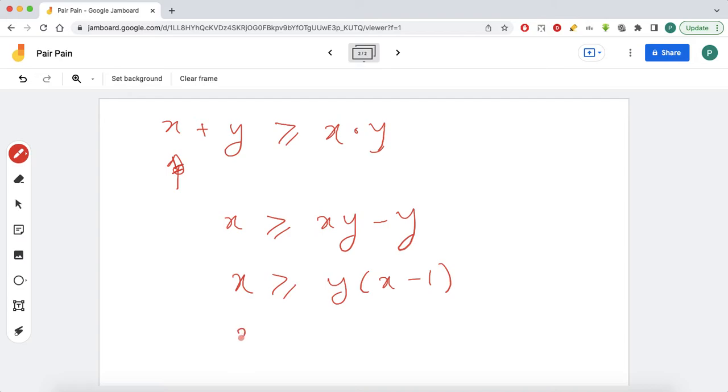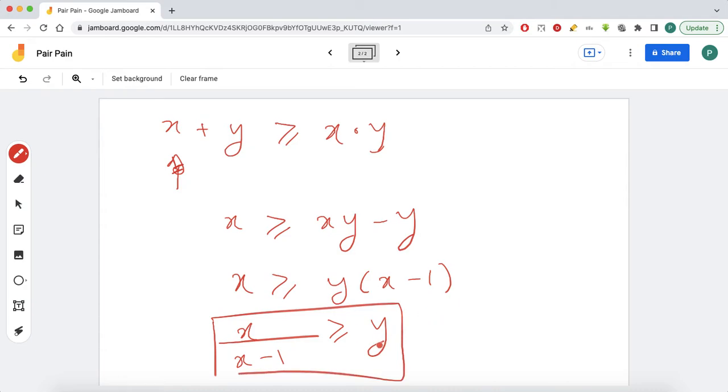So what we'll have is this, ultimately we'll get this. So what does this mean? That when x is fixed, y should be less than equal to x over x minus 1.